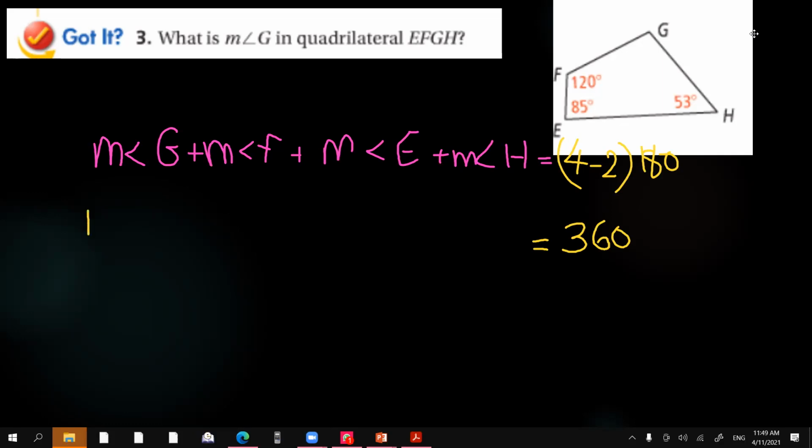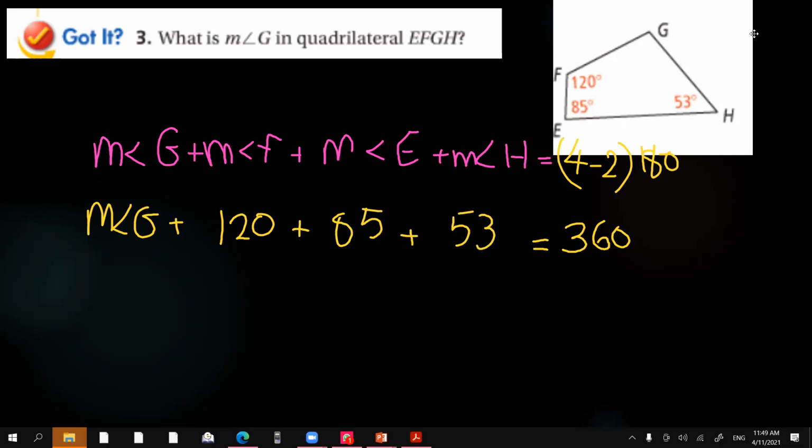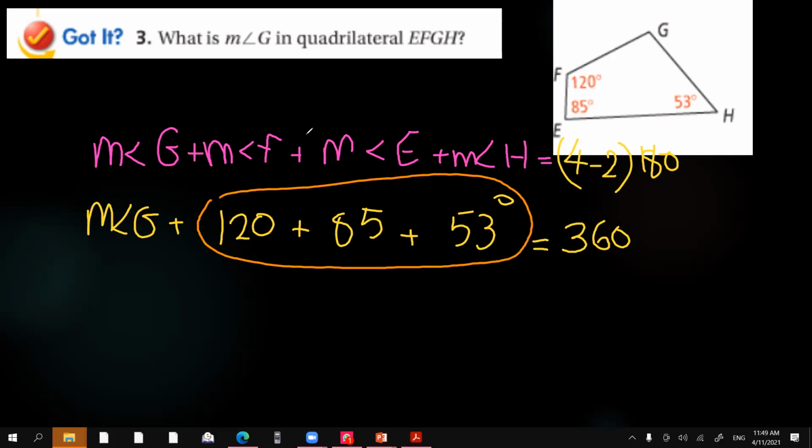Now, the measure of angle G is unknown. The measure of angle F is 120. The measure of E is 85. And the measure of H is 53. So let's add 120 plus 85 plus 53. They are 258. When added to the measure of angle G, they will be 360.